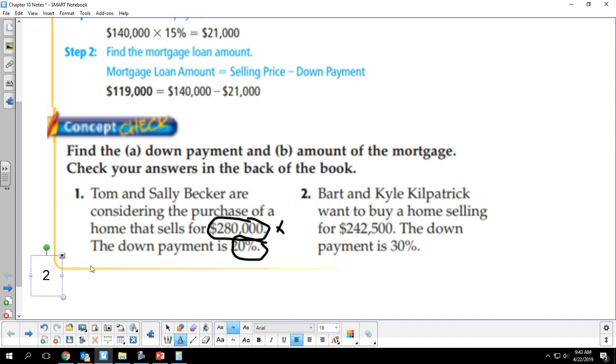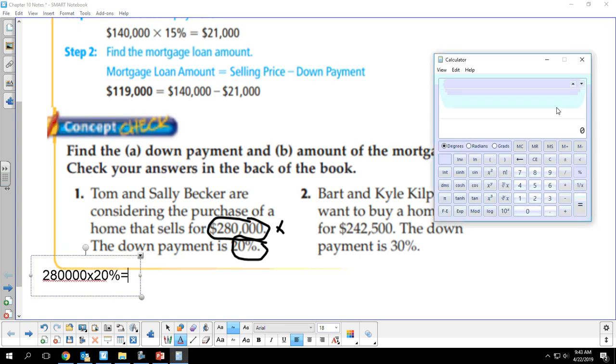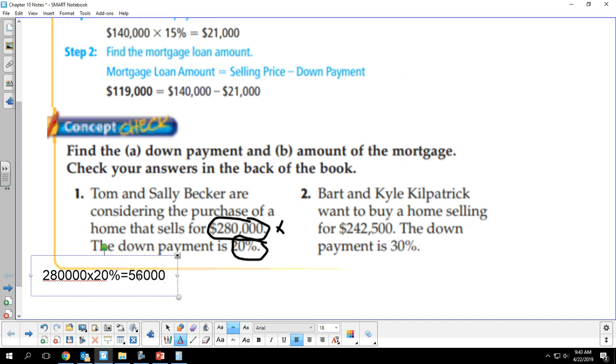So 280,000 times 20%, and we throw that on our calculator. And that is $56,000 as our down payment.